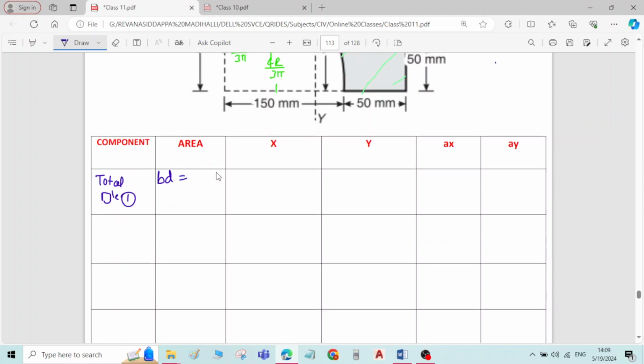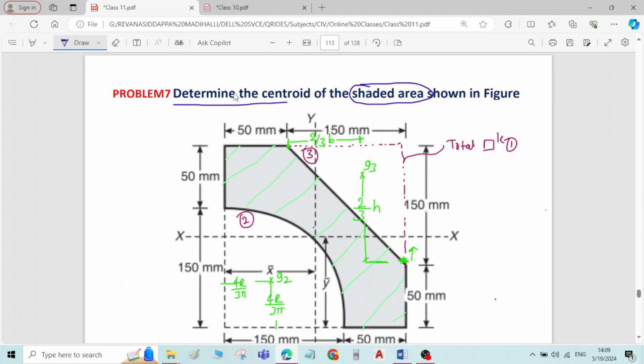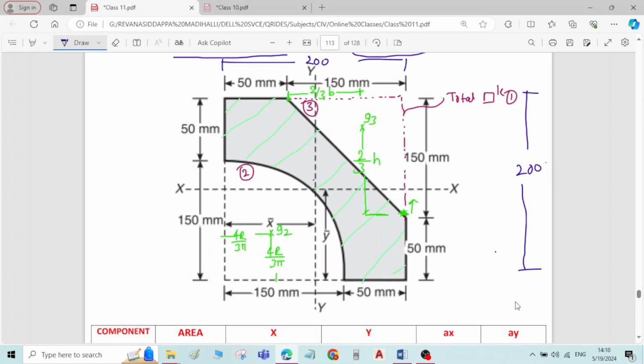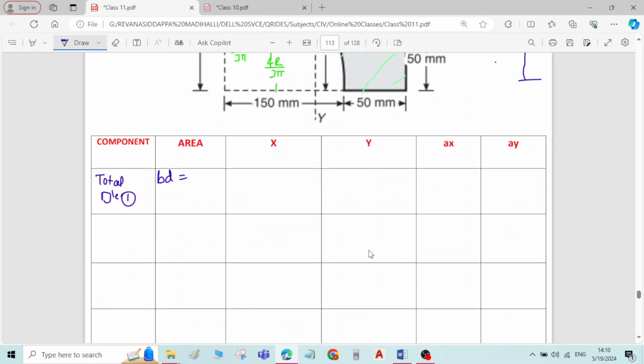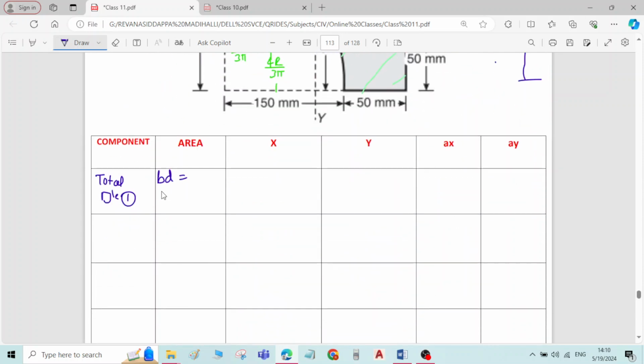Here b is the width of the rectangle, it is 50 plus 150, 200, and the depth of the rectangle is 150 plus 50, 200. So we have got the same dimensions in both directions. Actually it is a square, no problem. So 200 into 200, the answer is 40,000 mm square.